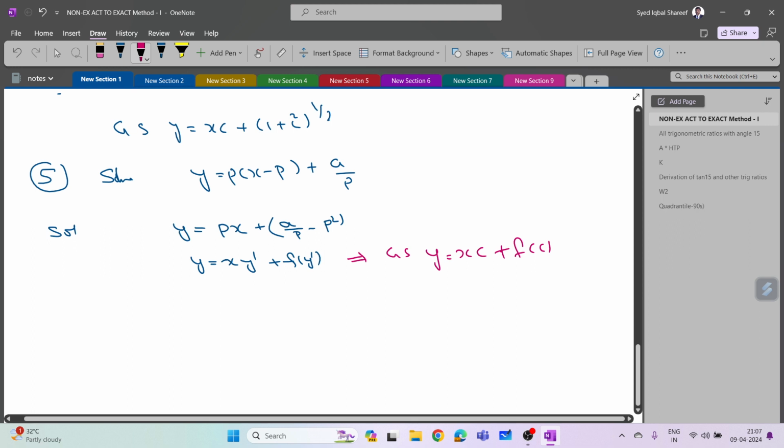So now, putting p equal to c, cx plus a by c minus c square is the answer. It is the Clairaut solution.